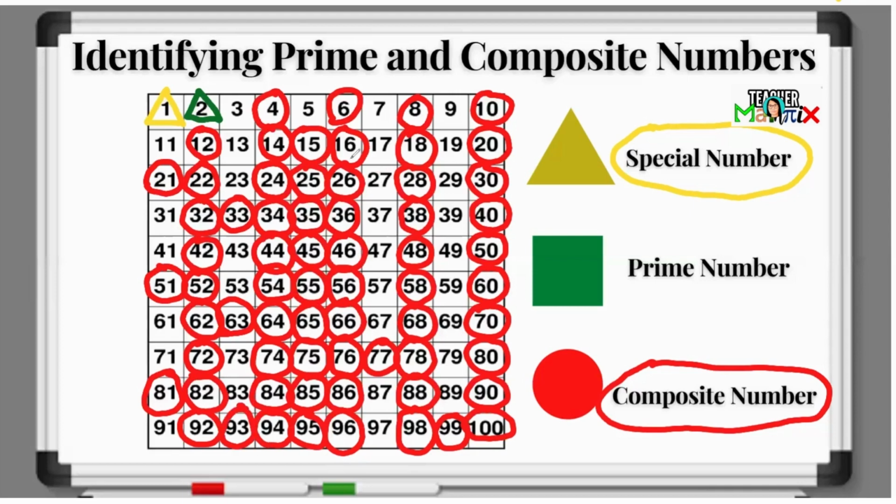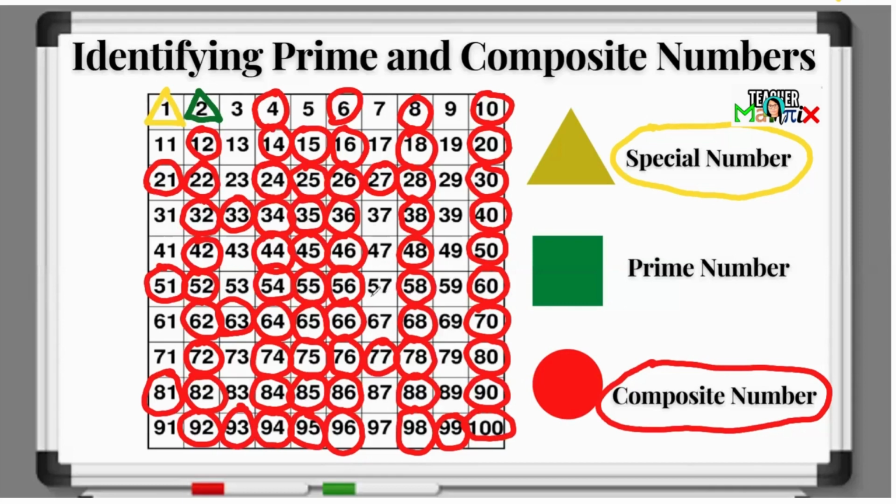Let's proceed with, okay, 7. 17, 1 plus 7, it's 8. No. 27, 2 plus 7 equals 9, and 9 is divisible by 3. Okay, encircle. 37, 3 plus 7, it's not. 47, 4 plus 7, it's not. 57, 5 plus 7 equals 12.